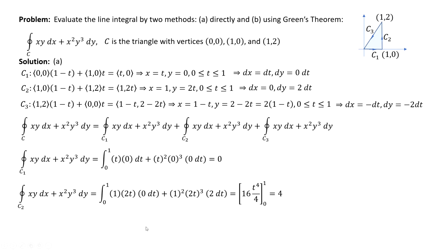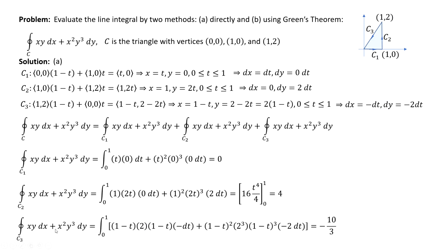Cool. Now, this other one seems to be pretty involved. X itself is 1 minus t, and y happens to be 2 times 1 minus t. And dx is negative dt, dy is negative 2 dt. So carefully, I did all of this.